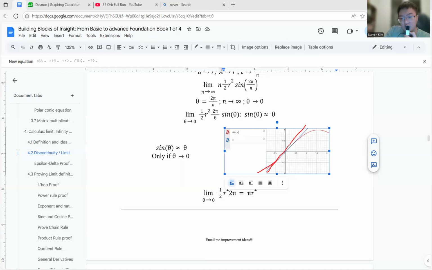Over here, you can see that at point zero, sine x and x are the same. Why is that important? If you look at this, I showcase that it's only when theta equals 0 that this is true. Now that needs to be clearly laid out when we do this. So that's the only case. Anyway, that limit gives you that.